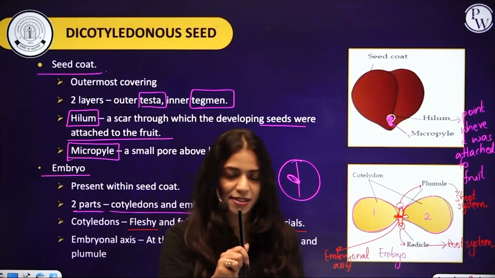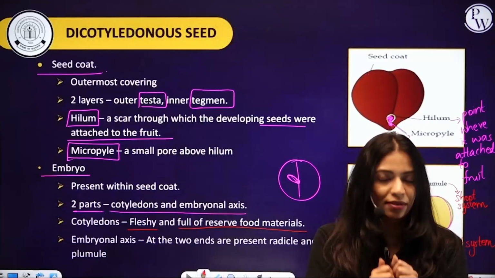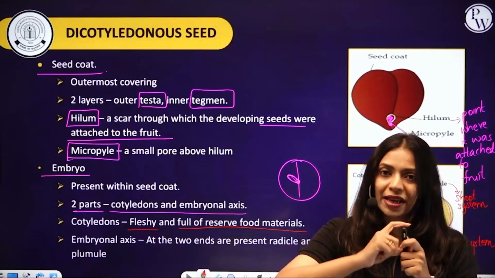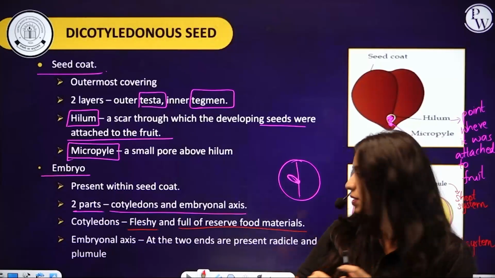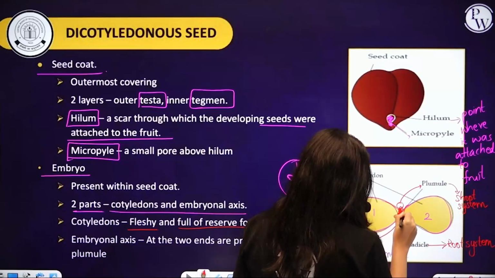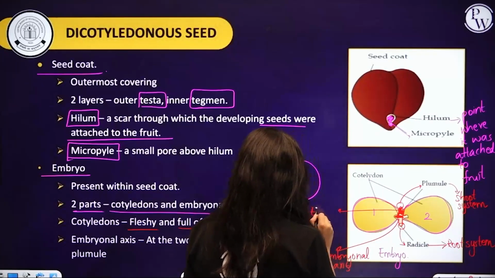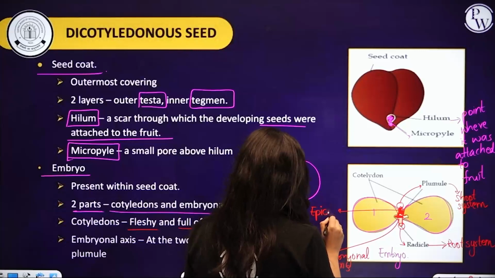There is an axis. At one point on the axis, there are two cotyledons present. The part of the axis above the cotyledon, whatever I'm highlighting in red color right now, this is called the epicotyl. Epi again means above.